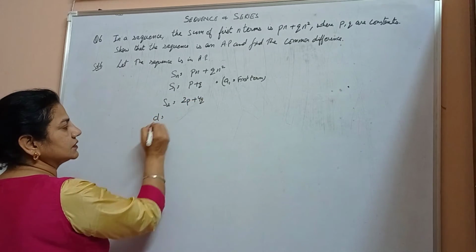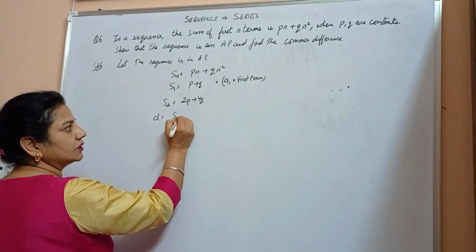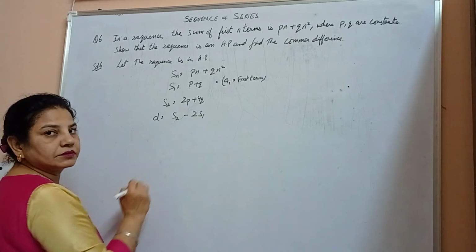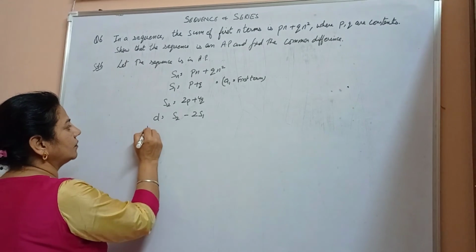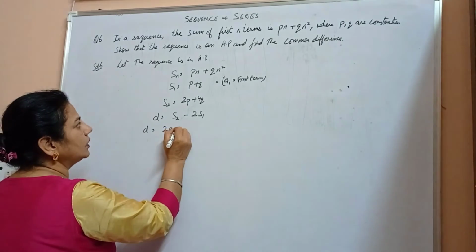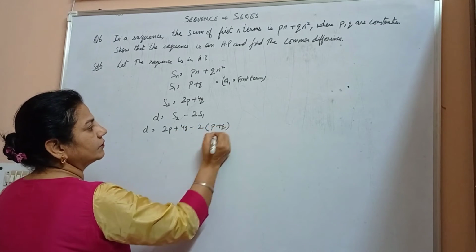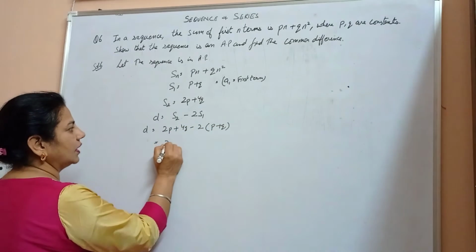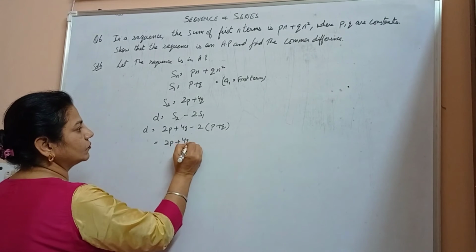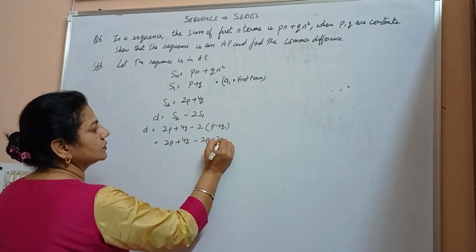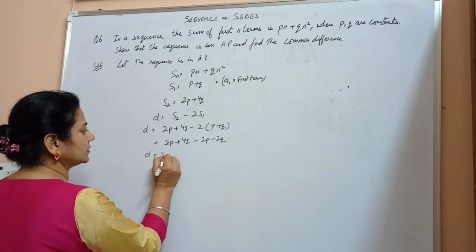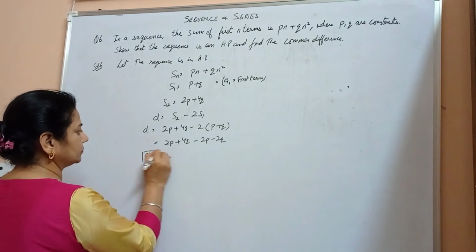And the common difference is given as the sum of two terms minus 2 times the first term. So D is equal to 2P plus 4Q minus 2 times the first term, which is 2P plus 4Q minus 2P minus 2Q. That means the common difference is 2Q.